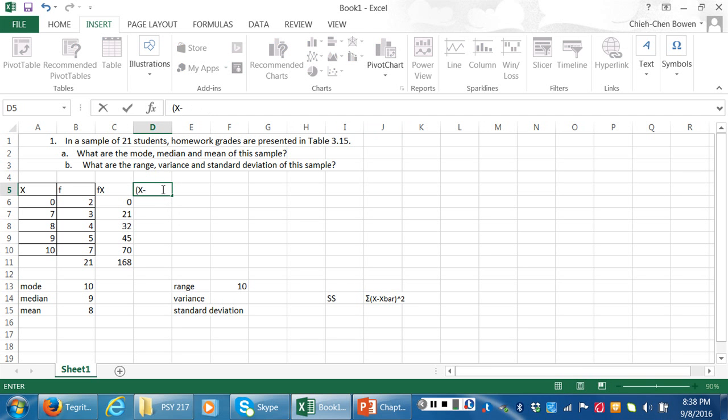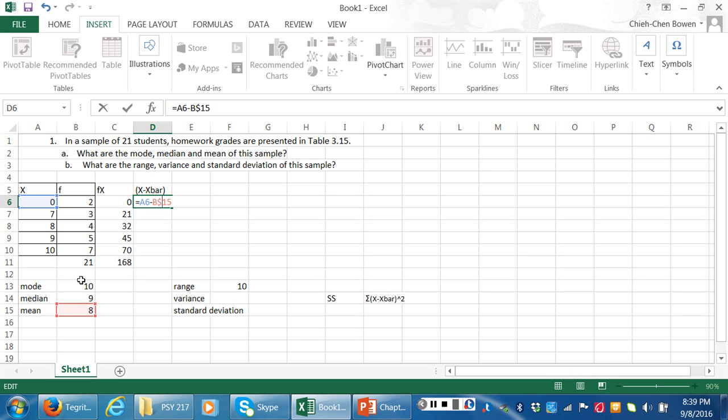So the sum of squares requires you to figure out x minus x bar, and x bar is the mean, remember? x bar is actually a fixed value here, and x has all these different values. So the first value is 0 minus the mean over here. We need to fix the mean for all the rest of the operations. In Excel, when you want to fix a value, you just put a $ sign between the column and the row.